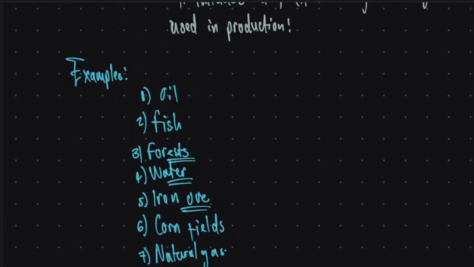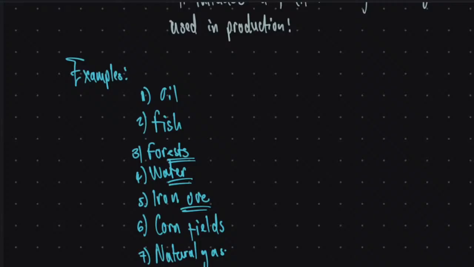Can I ask you a question? If you're making diamond necklaces, what is land for you in the factors of production? It's diamond. Why is diamond land? It's provided by nature.